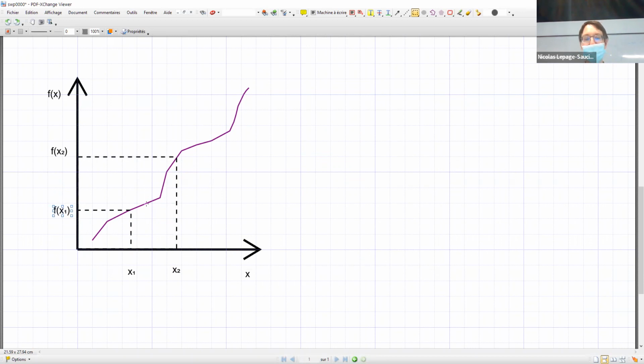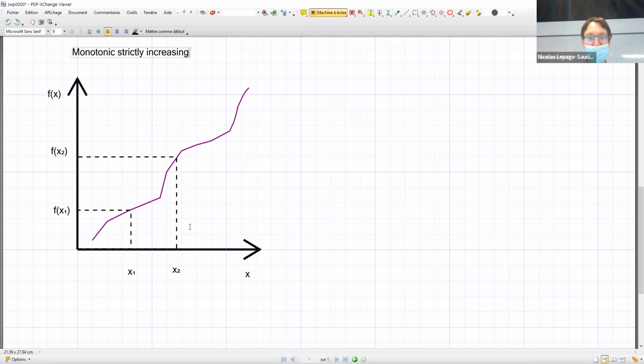It's just like ascending a mountain and there is no place in which you go back down. So this is monotonic, strictly increasing.